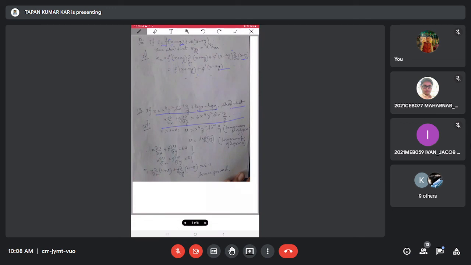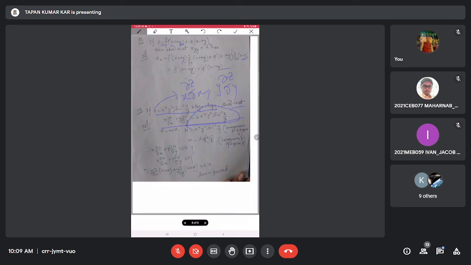You can just differentiate: find del z by del x, multiply this by x, then del z by del y, multiply this by y, then take their sum. You can get this one, but it will take some more time.